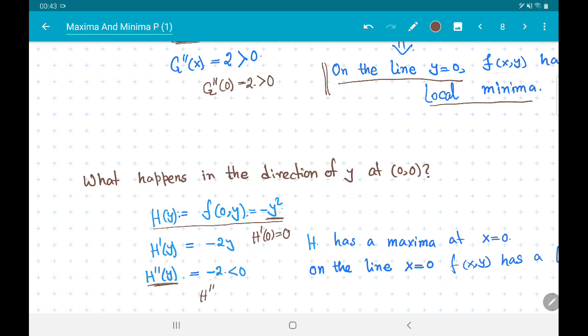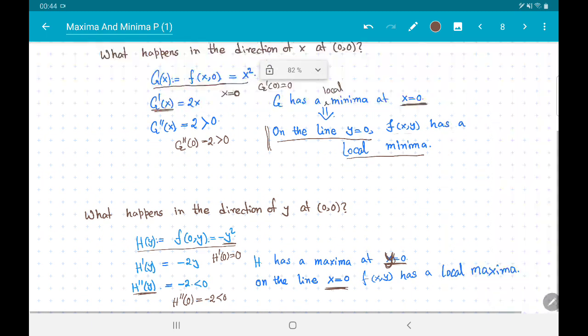That means that h double prime at the point 0 is always going to be minus 2, which is less than 0. But again, from the second derivative test for one variable calculus, we can assert that h has a maxima at the point y equal to 0 on the line x equal to 0, that is the y-axis.